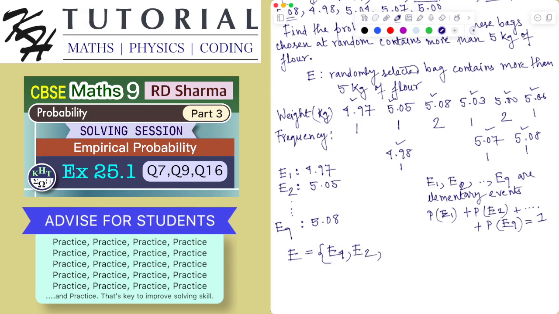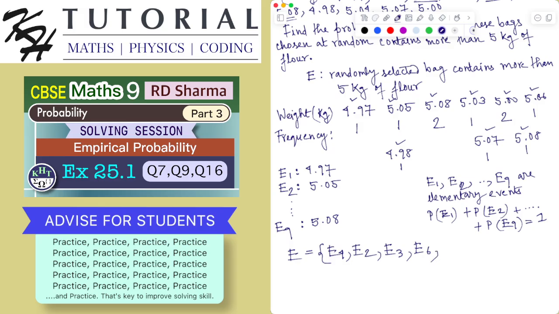It can also contain 5.08, which is event E3. It can contain 5.06, which is event E6.